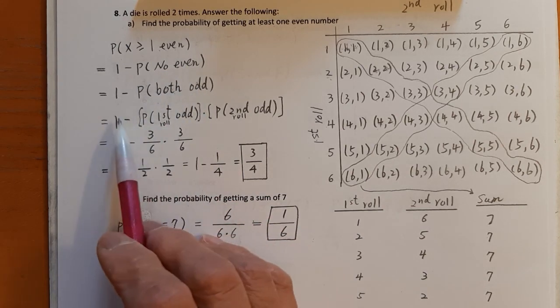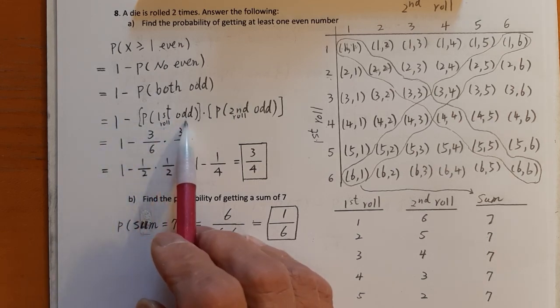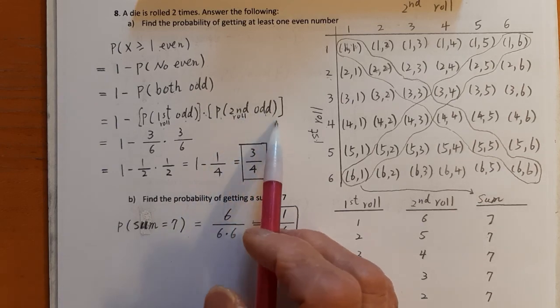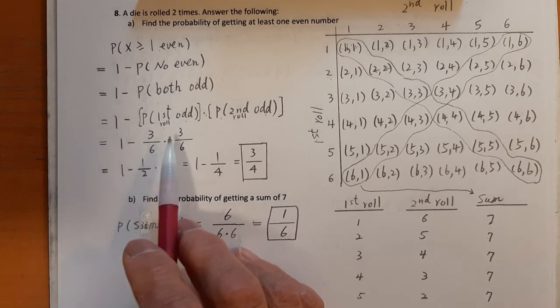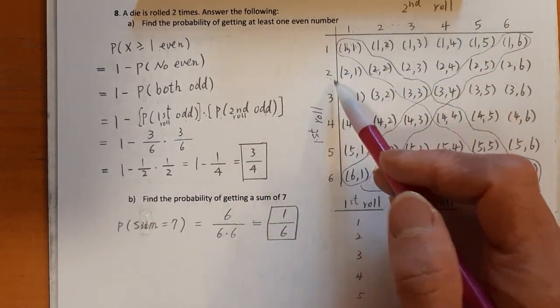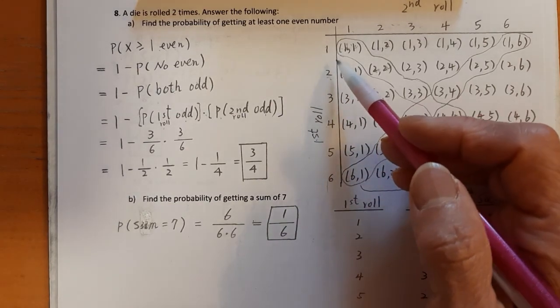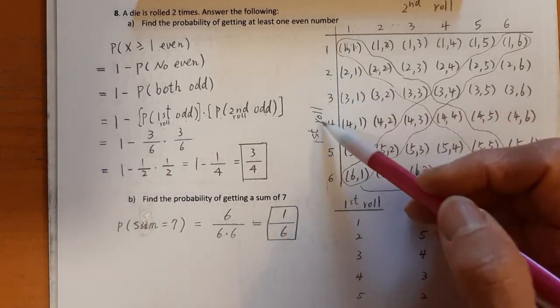So 1 minus the probability first roll you got an odd number times the probability second roll also you got an odd number. So first roll got an odd number because there are 6 numbers. How many are odd numbers? 1, 3, 5. 3 of them. 3 of 6 numbers.